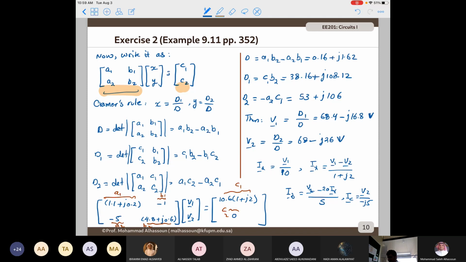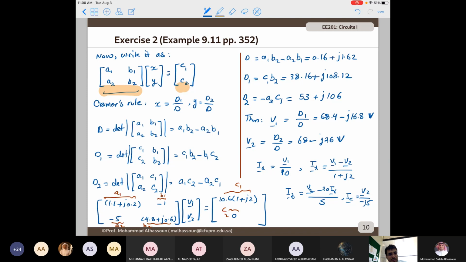Yes, doctor. How can we solve the matrix if we have a 3 by 3? Well, you try to avoid having 3 by 3. If you have 3 by 3, you can apply Cramer's rule, but you need to find the determinant of a 3 by 3 matrix instead of a 2 by 2 matrix.